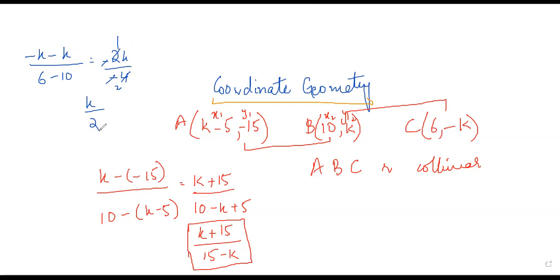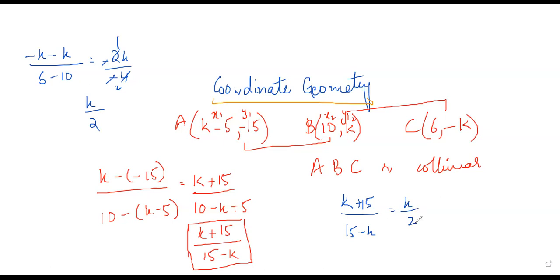The examiner is saying that since these coordinates are collinear, I told you to equate the gradients. You getting what I'm saying? Yeah. Go on. K over 2. Now can you cross multiply and find the values?